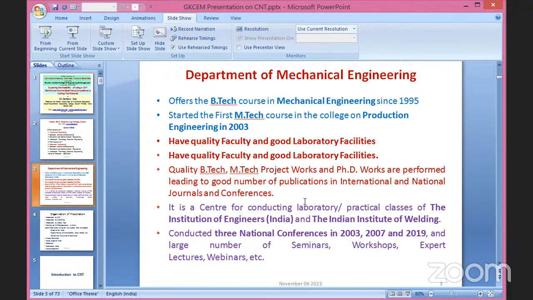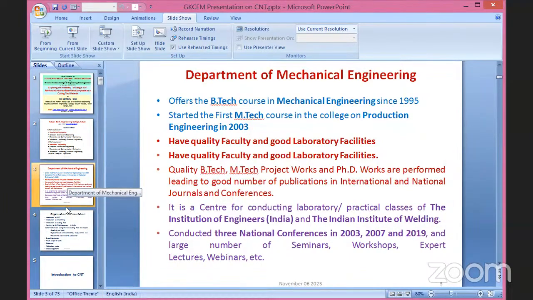Apart from this, a large number of seminars, workshops, expert lectures and webinars have been conducted by the Department of Mechanical Engineering.